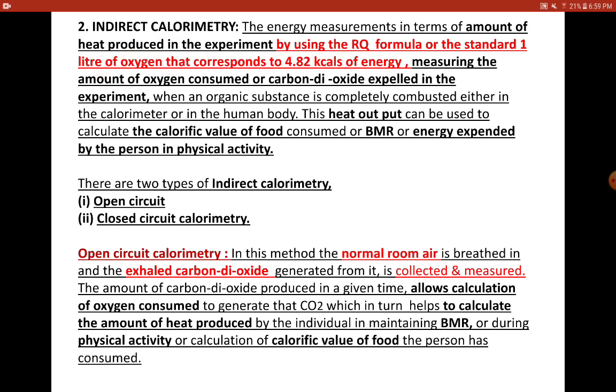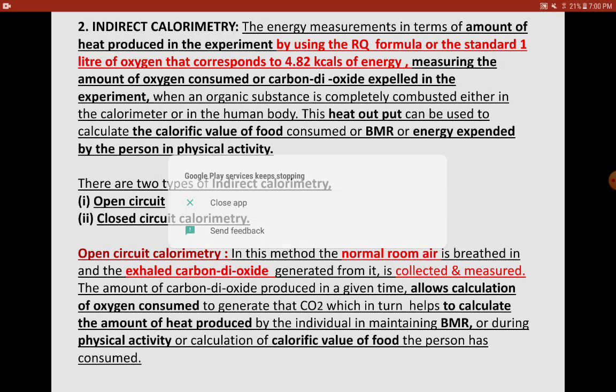And you can also relate the amount of oxygen in terms of liters to kilocalories of energy. We have a standard which says that 1 liter of oxygen corresponds to around 4.82 kilocalories of energy. So what I meant here is, in indirect calorimetry, we do the experiment wherein oxygen would be supplied and carbon dioxide would be expelled.